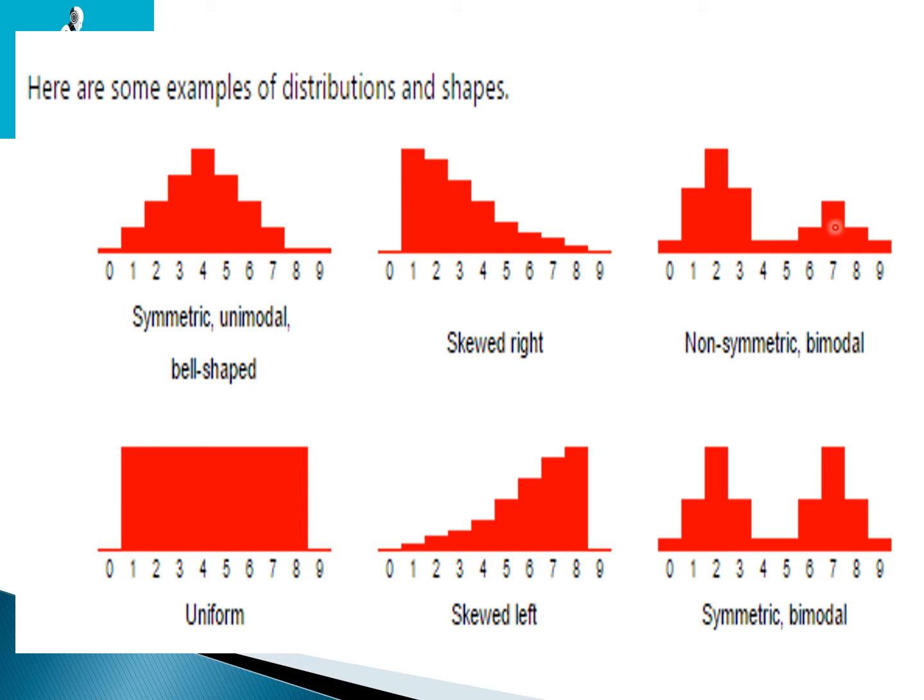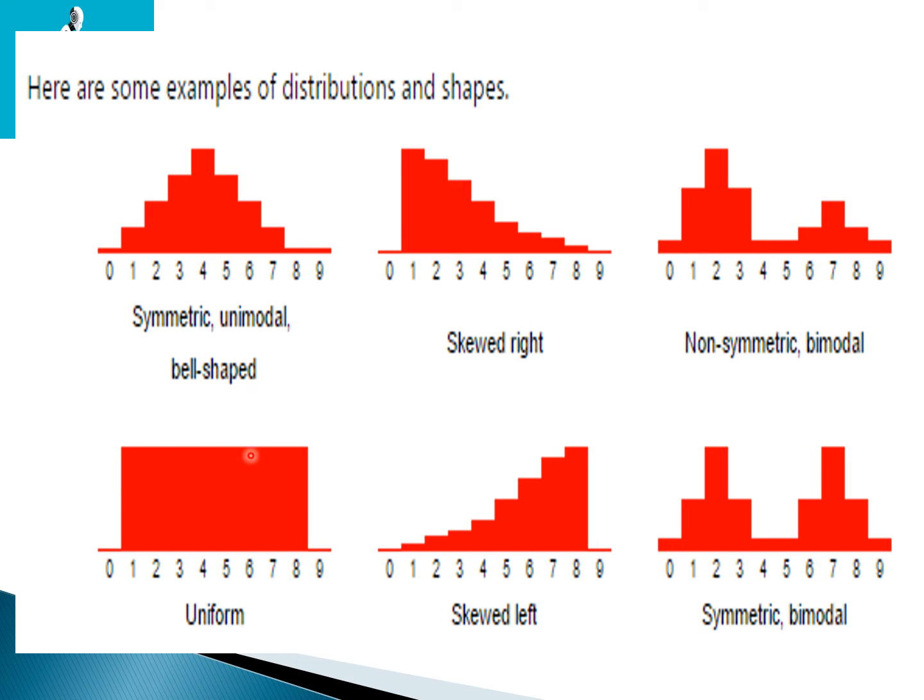Then this is a non-symmetrical graph because if we are looking at this particular graph, we are having two modes, and if you are taking this particular mode value, there are fewer values on the left hand side and more values on the right hand side. So it is termed a non-symmetric bimodal graph.